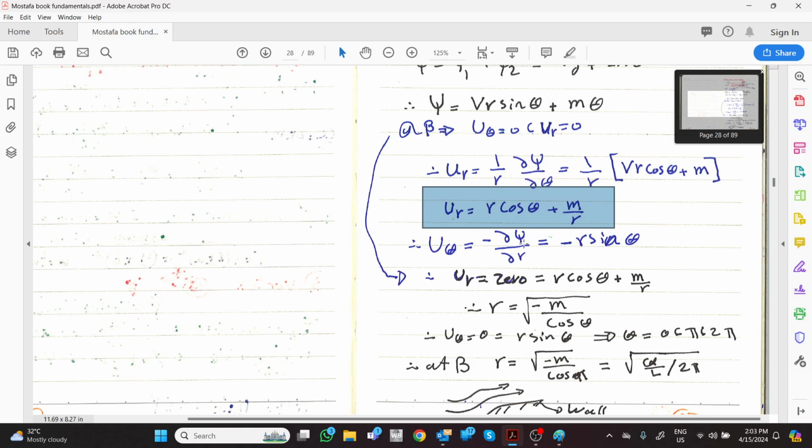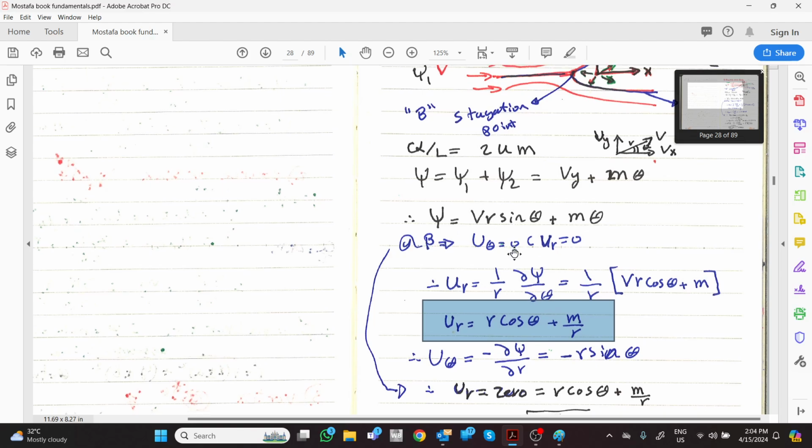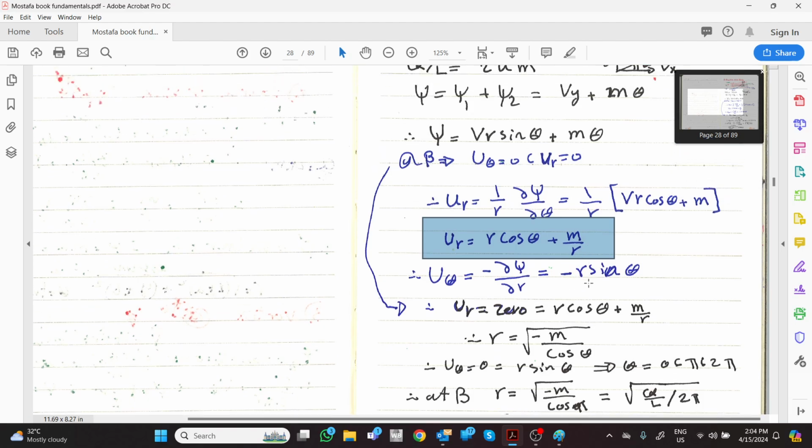Repeat the same for psi at r. It will be u theta equals minus del psi by del r. Differentiate or make the derivative for this one. It is all constant except r. It's very simple. So it is all a constant. So it will be minus r sine theta. And that's it.